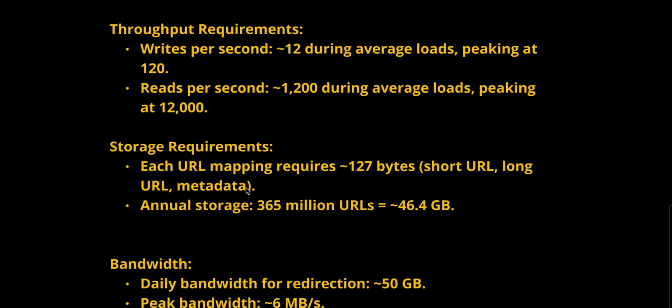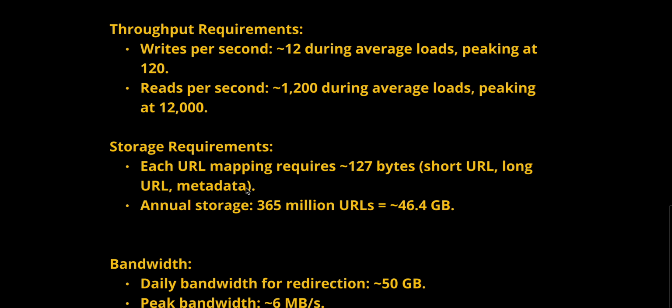In terms of the throughput requirements, we have around 12 writes per second during average load, peaking at 120 writes per second, and reads of about 1,200 during average load, peaking at 12,000. Let's continue to the storage requirements.